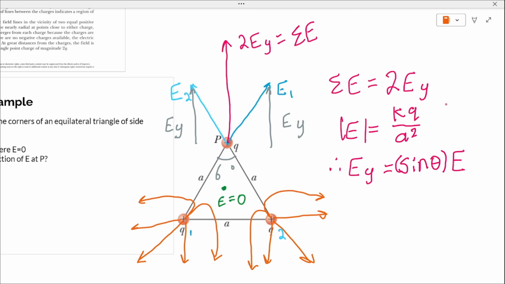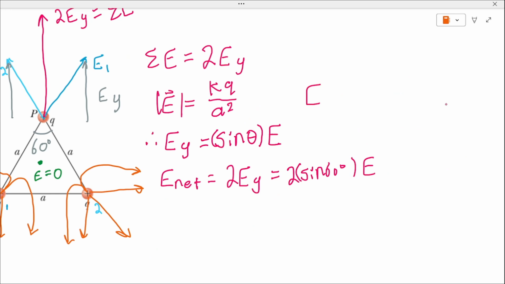And the sine of 60 is root 3 over 2. Side note here, the vector with absolute value signs over it just means that's the magnitude of the vector. And you can just write it as the normal letter with no vector notation.